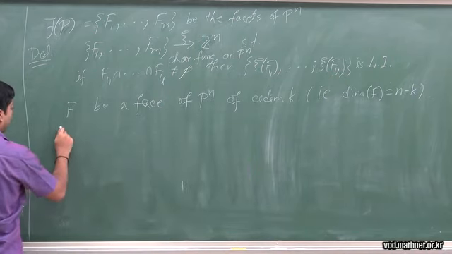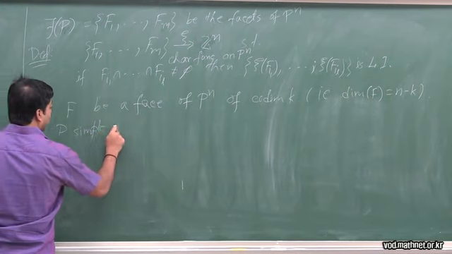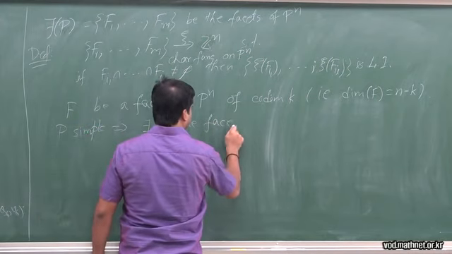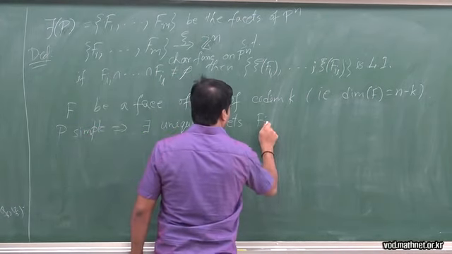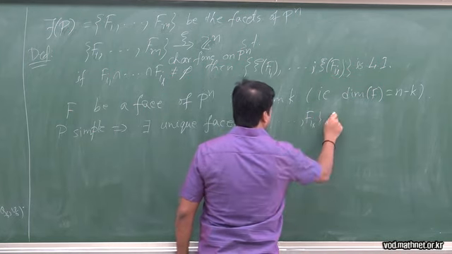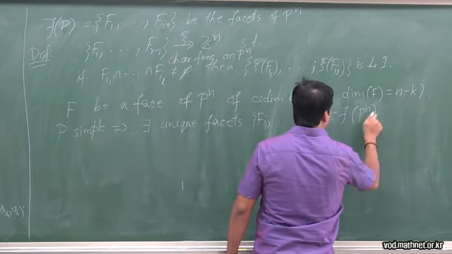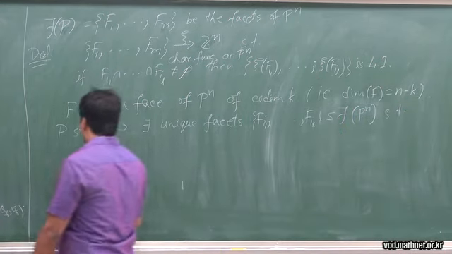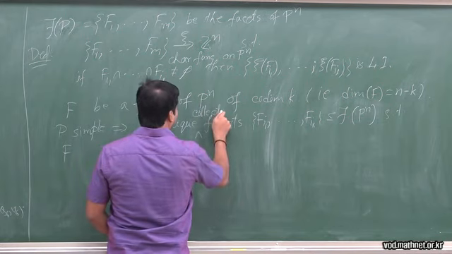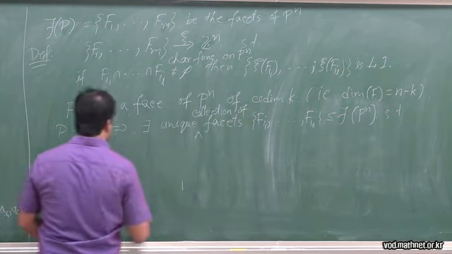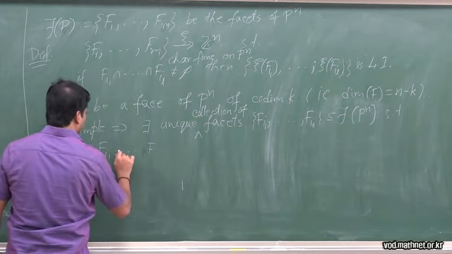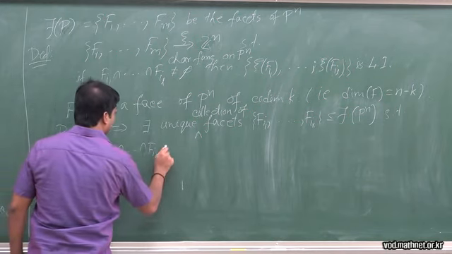But since P is simple, there exists a unique collection of facets F_i1 to F_ik, a subset of the set of facets of P_n, such that F is the intersection of F_i1 to F_ik.